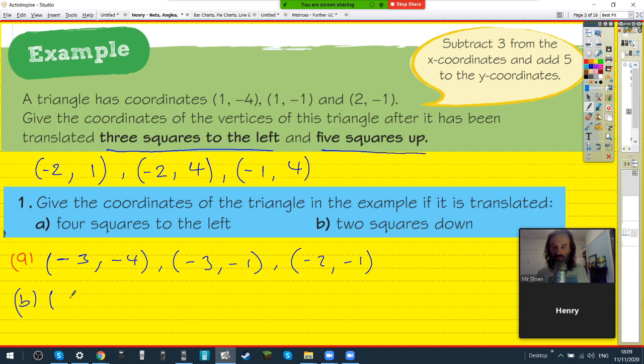I'd say choose something. 1 and minus 6. The next one is 1 and minus 3. And the last one is 2 and minus 4. Close. Oh, 3, I mean.